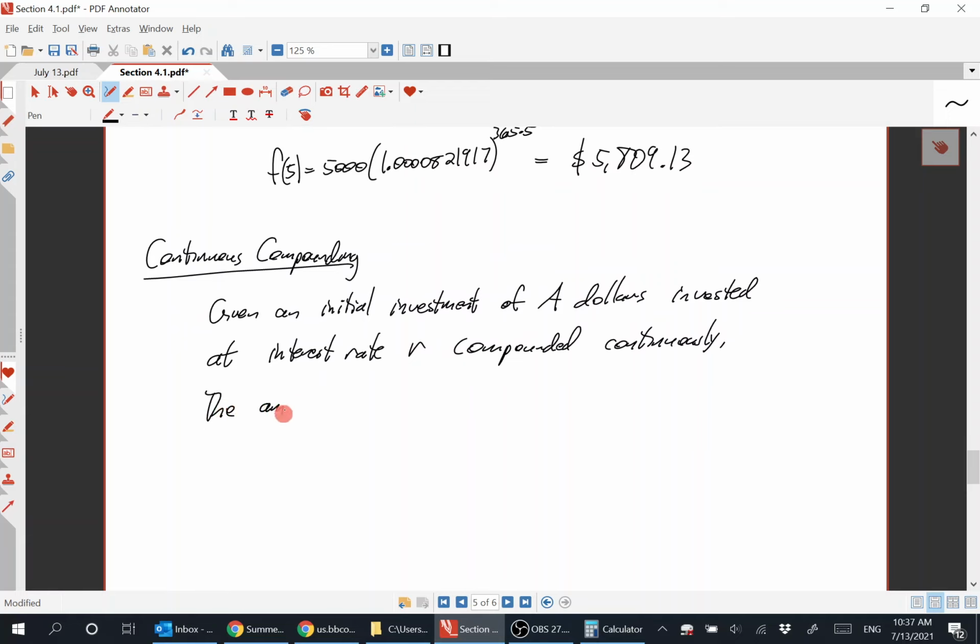The amount the investment is worth after T years is F of T equal to A E to the interest rate R times T. Let me make sure of that.